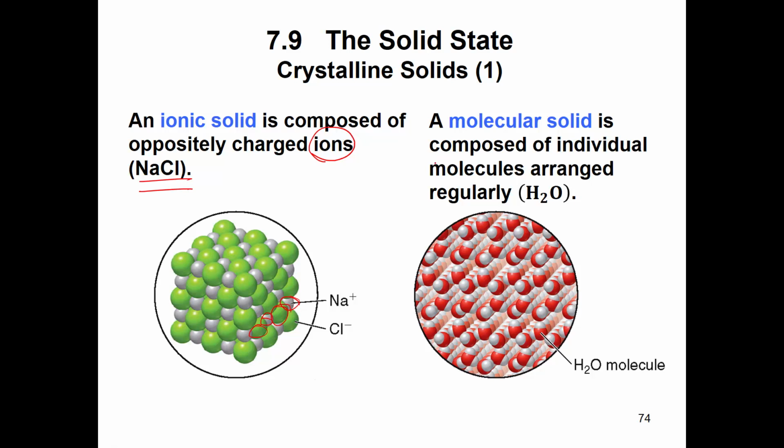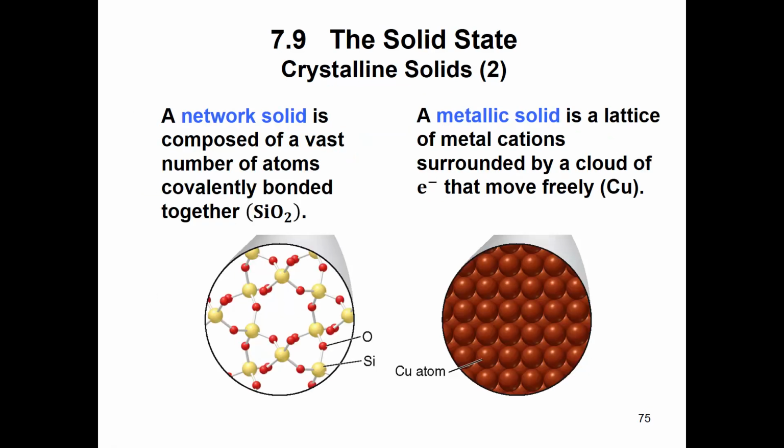And remember, all of these are crystalline. A molecular solid is composed of molecules that are arranged regularly, like water does when you freeze it. They just kind of line up, but they're still individual molecules, not ions.